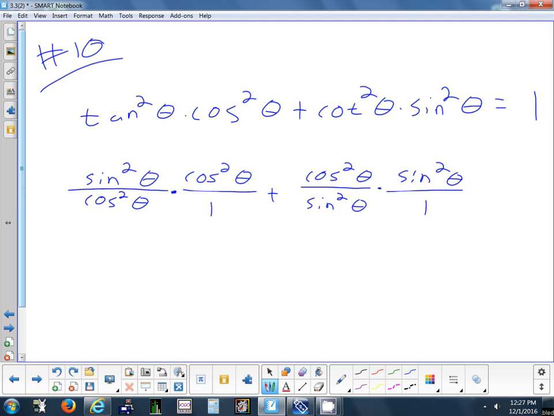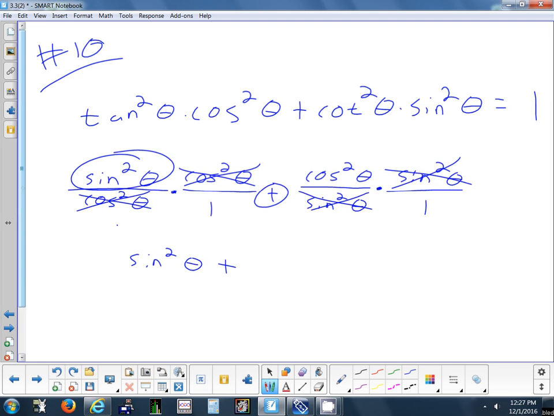Now, because this is multiplication, I can cancel that and that. This is multiplication, so I can cancel that and that. So I'm left with sine squared plus, just copying down my plus sign, cosine squared. Okay, and sine squared plus cosine squared, by now you should know what that one is. Gives me 1, and that's what they wanted me to get.